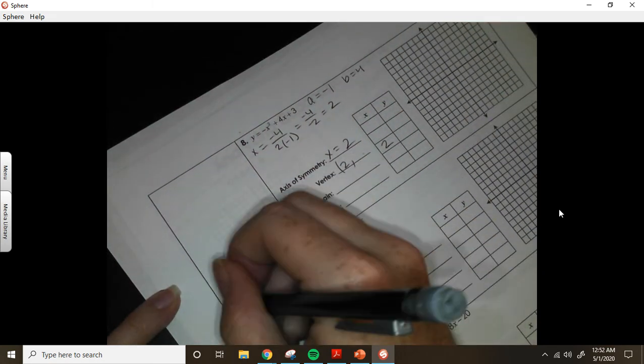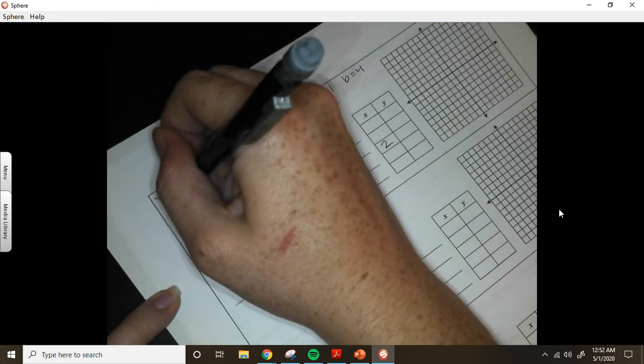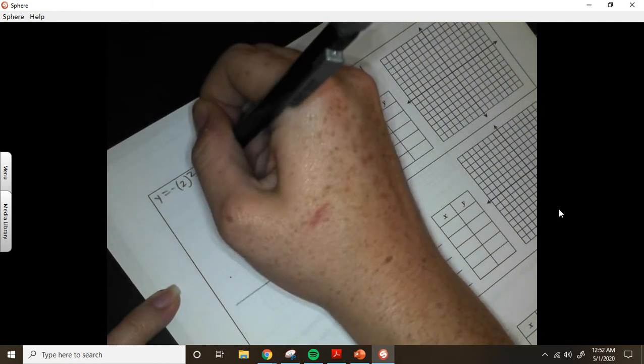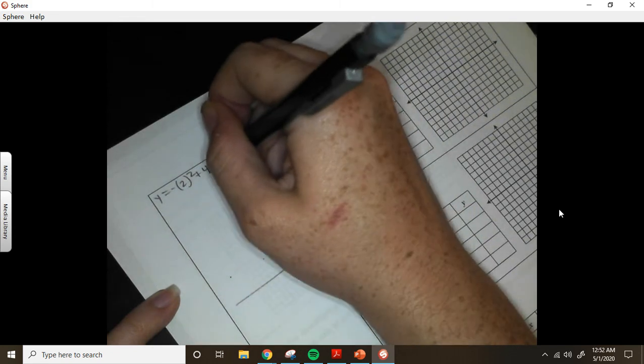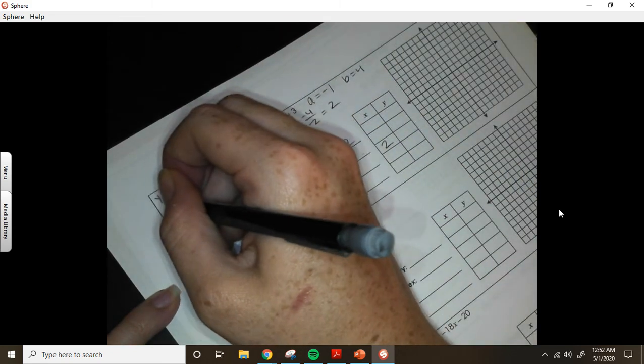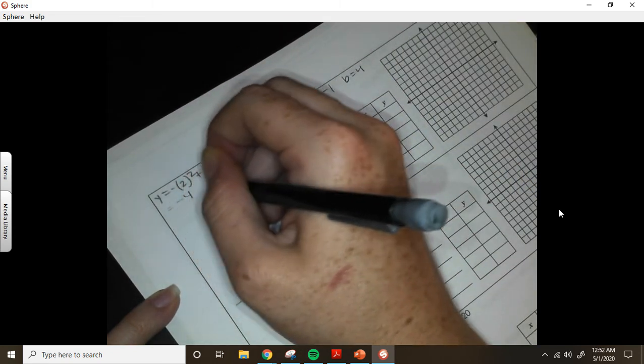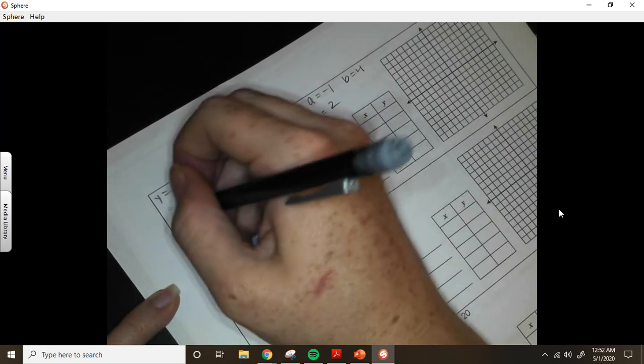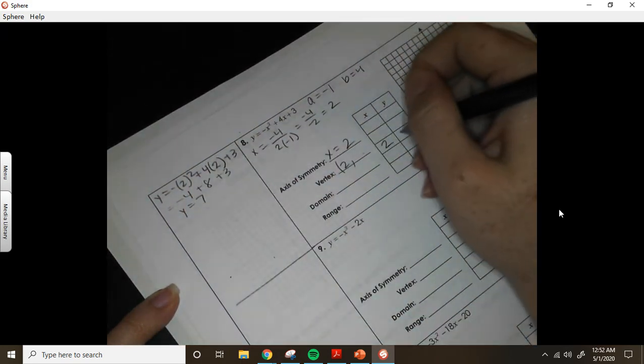Okay, let's plug in our x value to find our vertex. Negative 2 squared plus 4 times 2 plus 3. Negative 4 plus 8 plus 3. So this becomes 4 plus 3, which is 7.